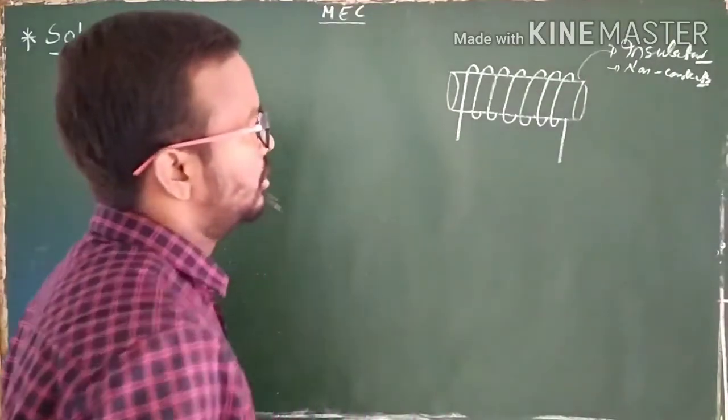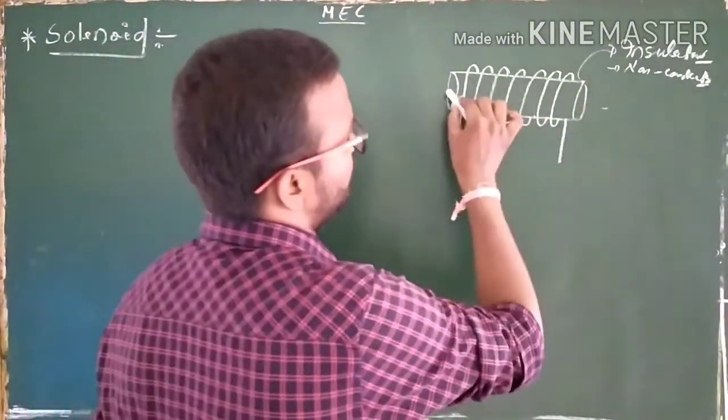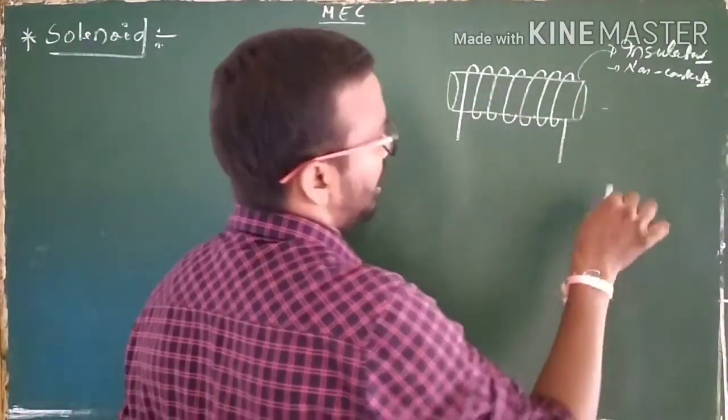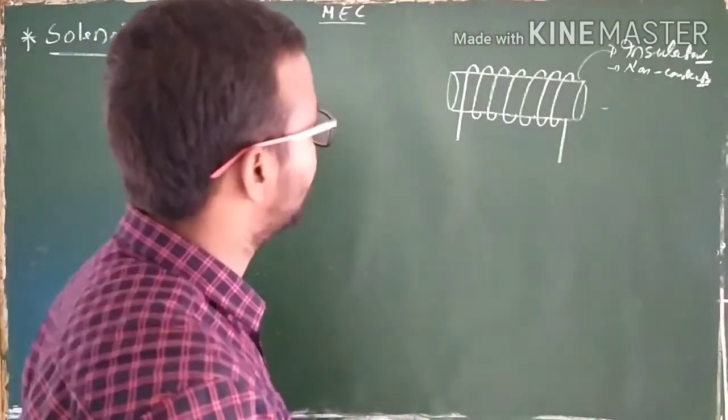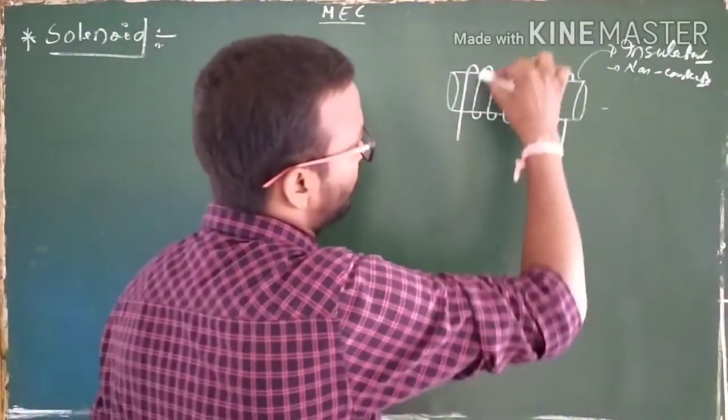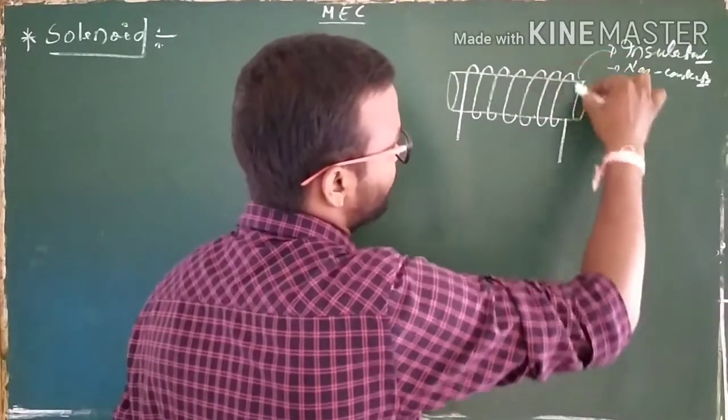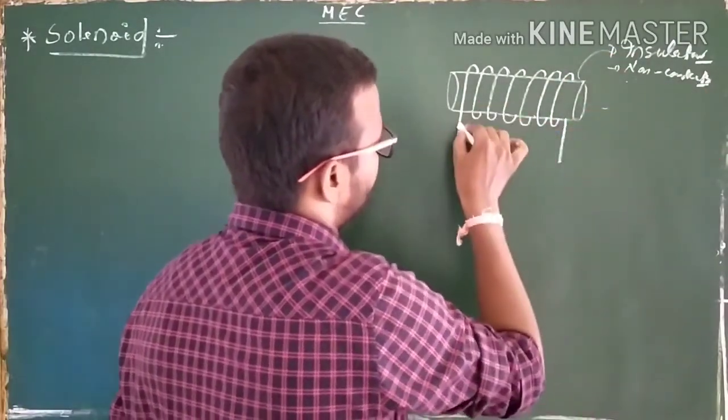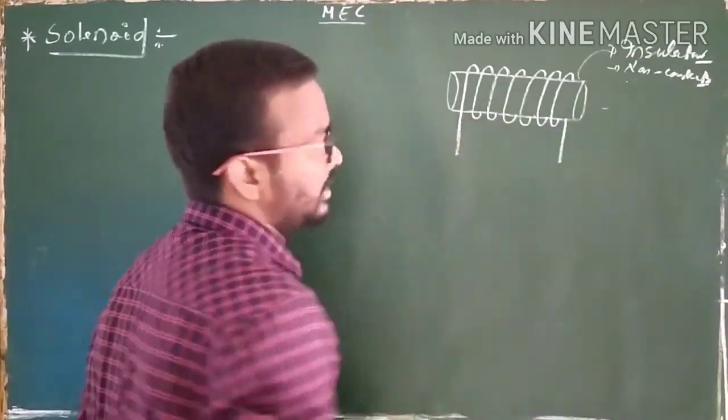Clear? So this is the insulating material, that means non-conductor, and the insulated wire which is wound over the non-conductor makes a solenoid.